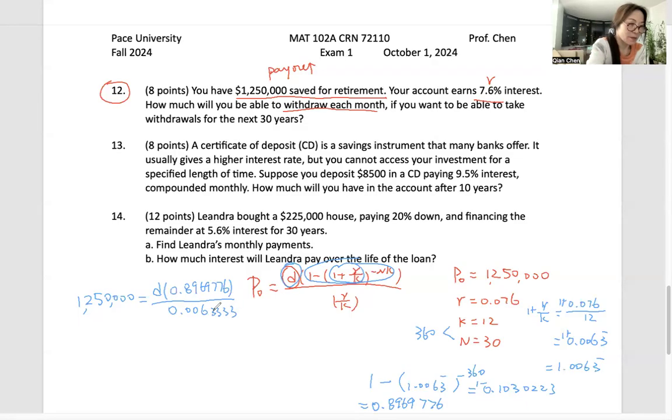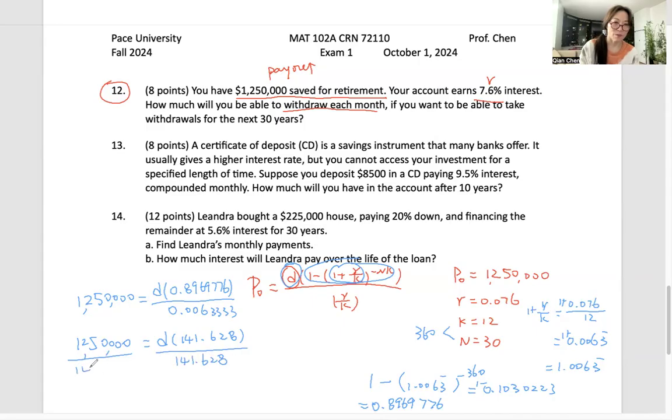So we just divide this number by 0.0063333 to get D multiplied by 141.628. Keep 3 decimals. So on this side I will still have 1,250,000. Now to find D, we need to divide both sides by 141.628.